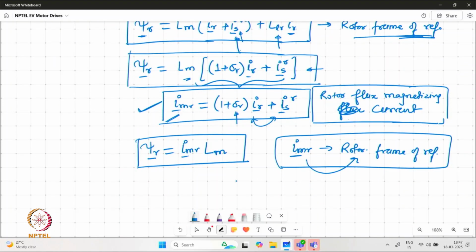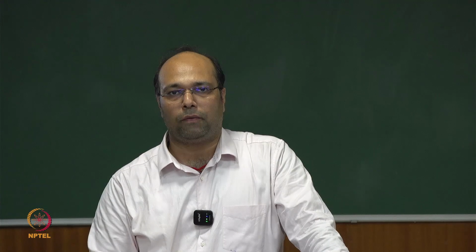And this can be used for defining the rotor flux as product of the magnetizing inductance and rotor flux magnetizing current. So therefore we have another compact way of representing the rotor flux.